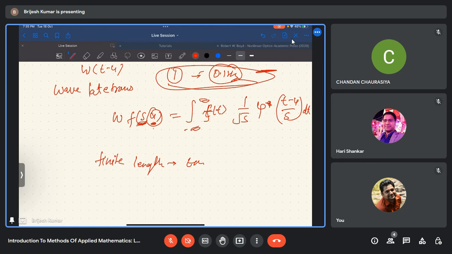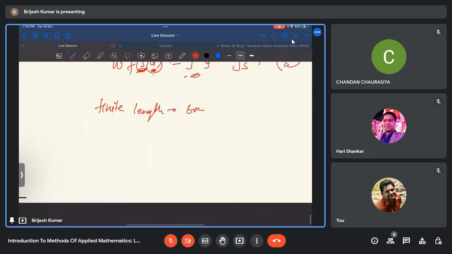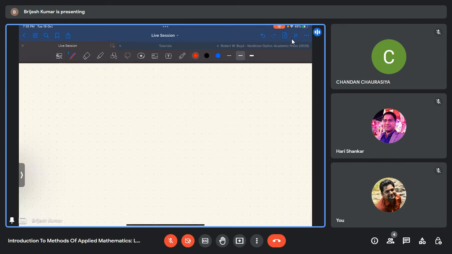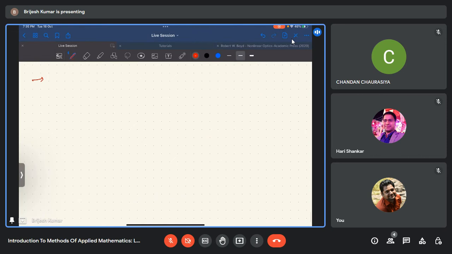So this is the comparison between all these three transforms. Similarly, we can compare the inverse transforms also.